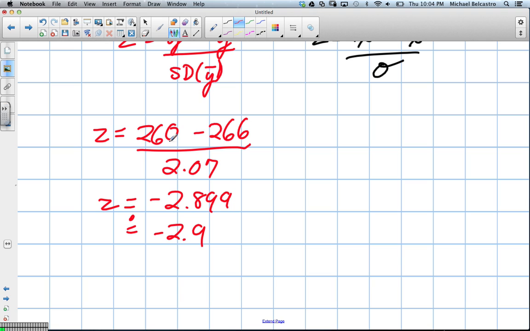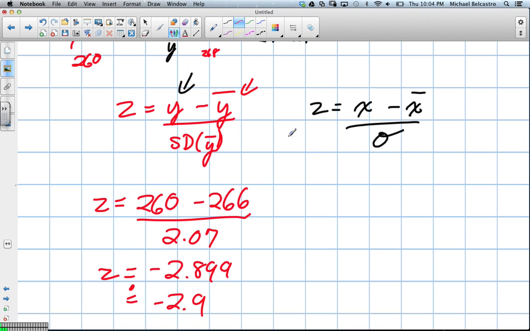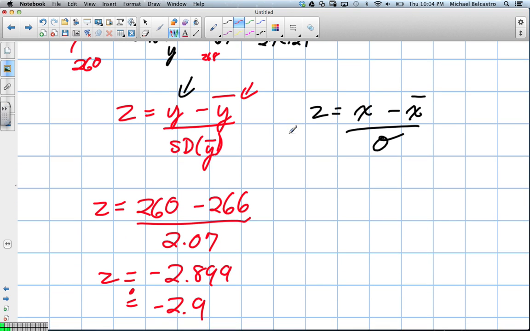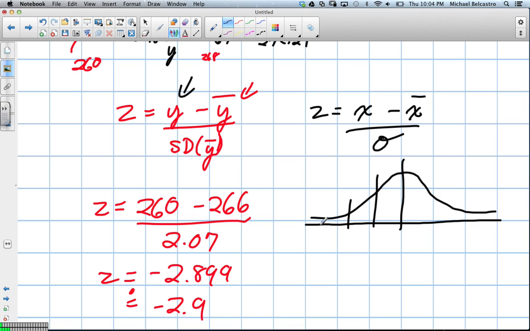That's almost 3 deviations away from the mean. I'm just going to draw it out again. Remember that 3 deviations from the mean deals with about 99.7%. So the likelihood of this is going to be very, very small when we look up our z-score.